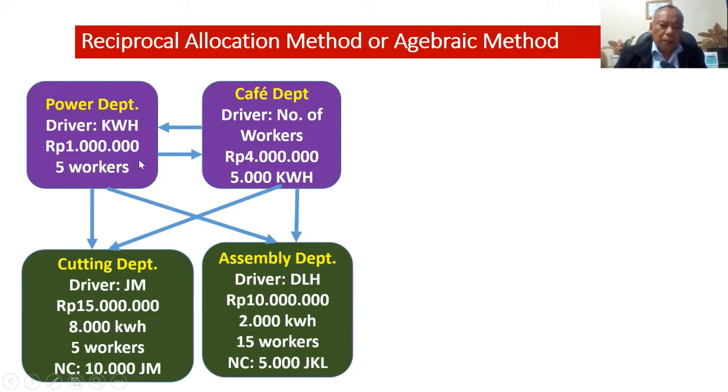The power department allocates its cost to the cafe department, and the cafe department also allocates its cost to the power department. And then, for simplicity, we can make the algebraic equation.